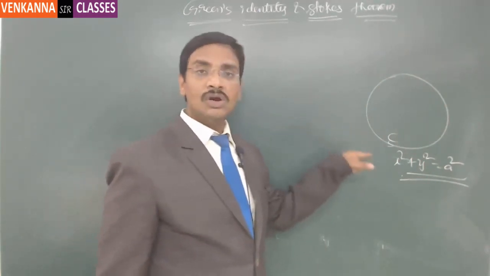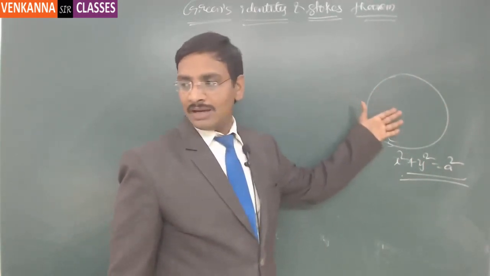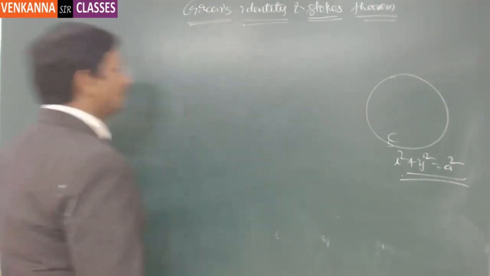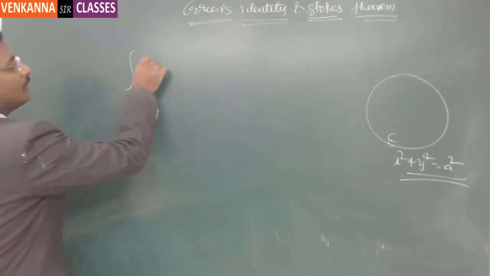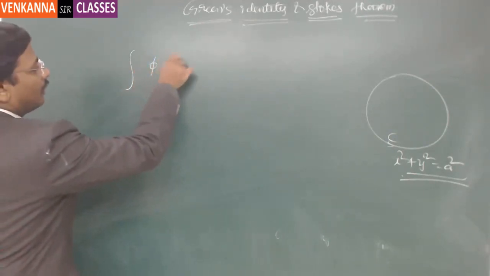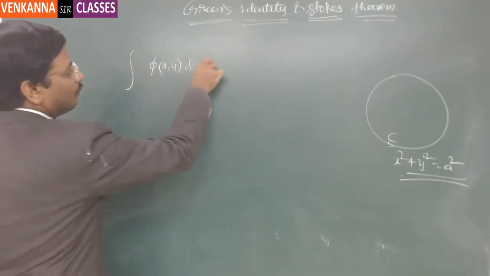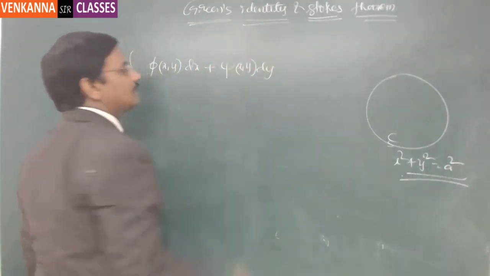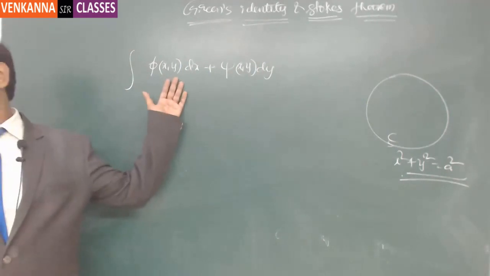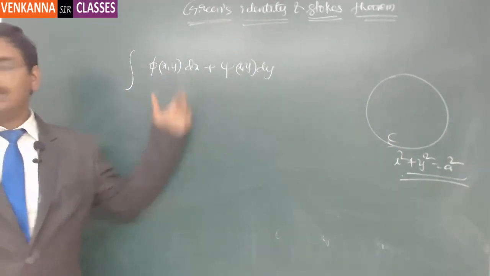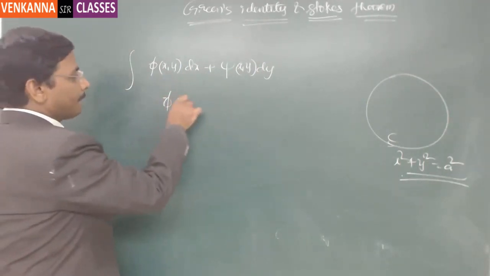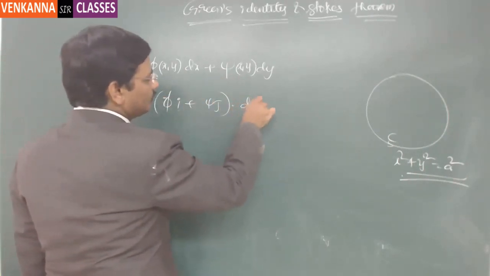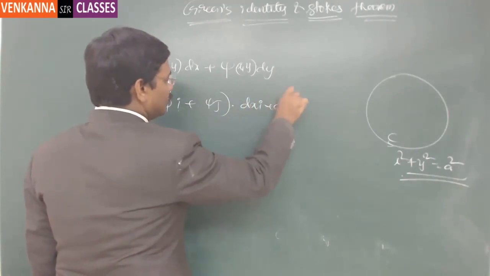Now on a closed contour which is on a planar surface, what Green's identity says is, if there is a function, let us say phi of x comma y dx plus psi of x comma y dy. So this integral, which is nothing but a line integral, is otherwise written as phi i plus psi j dot dx into i plus dy into j.